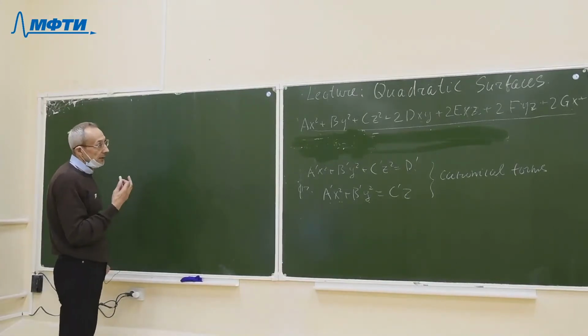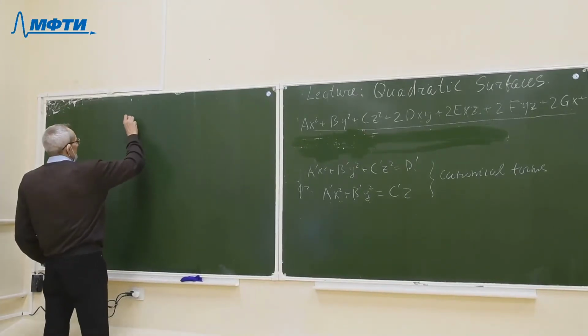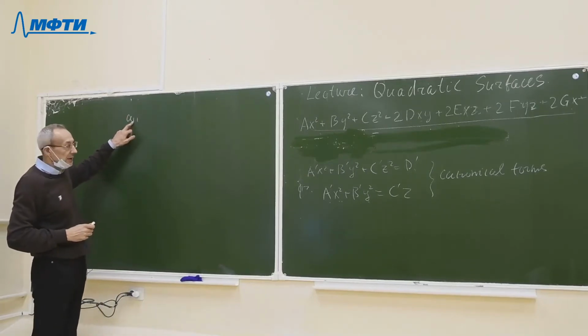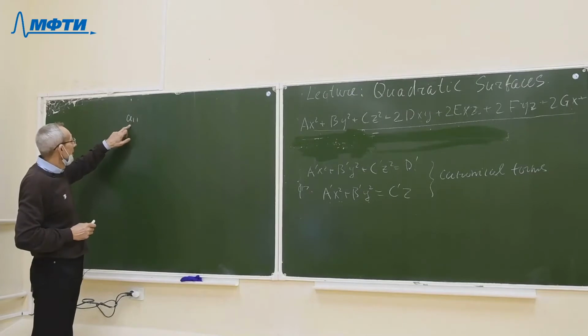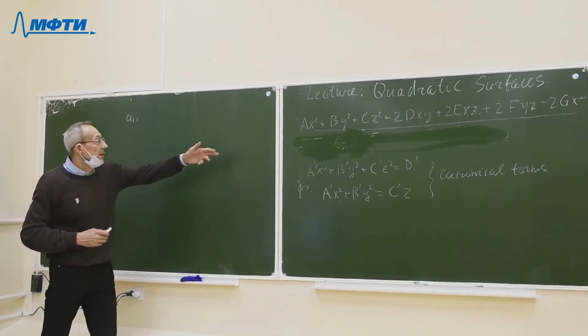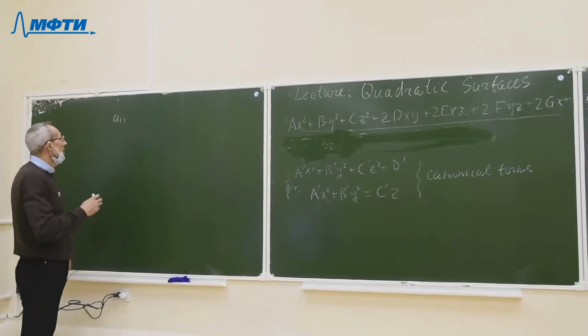Use one letter A with two indices. The first index means the number of the variable.